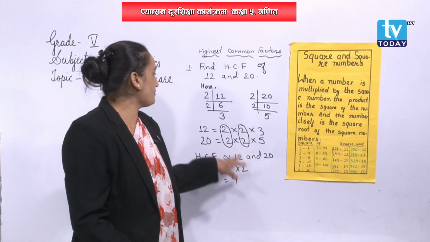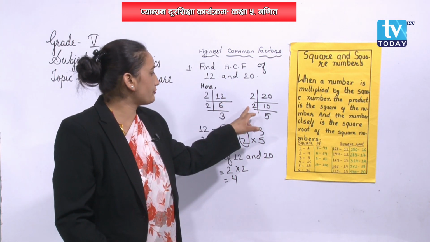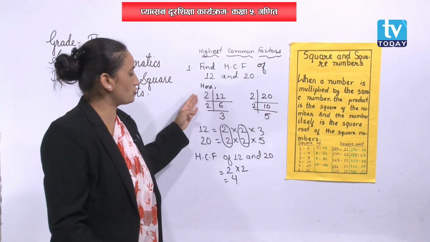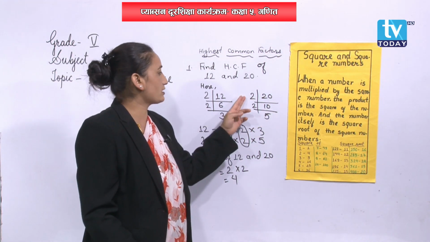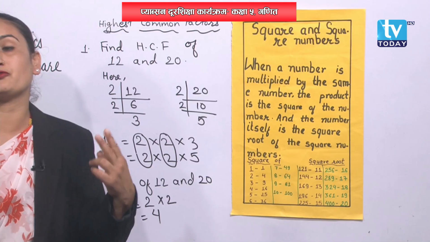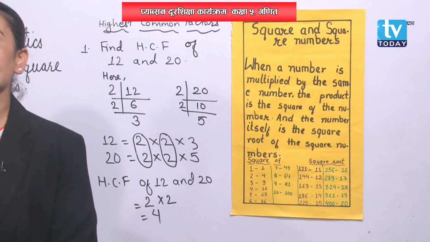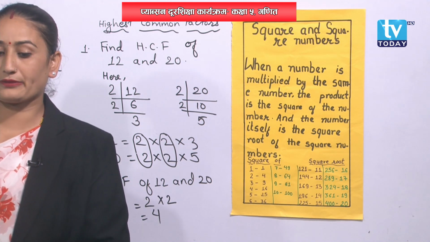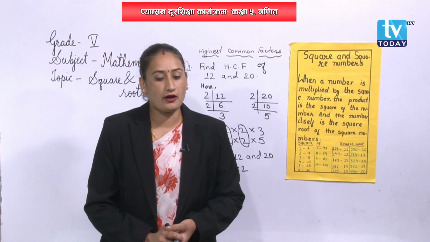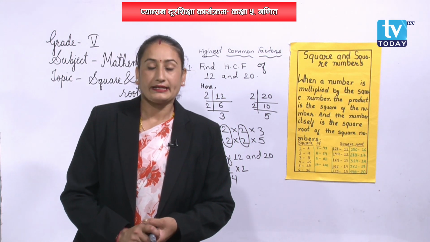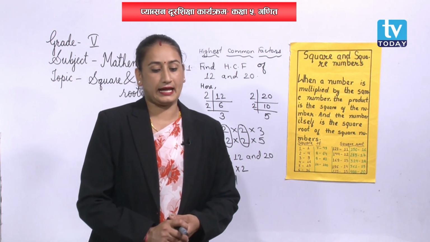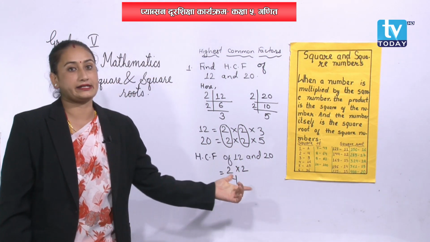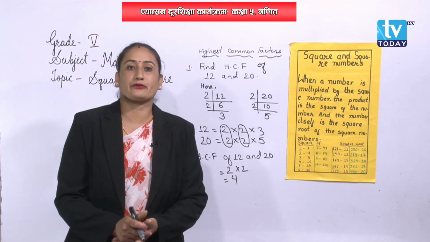Yes. 4 times 3 is 12 and 4 times 5 is 20. Both sides 4 is coming, right? 2 is repeated 2 times here and here also repeated 2 times. So 4 is the highest or greatest common factor. The common factor of 12 and 20 can divide them exactly, and the greatest common factor of 12 and 20 is 4. Can we write it?